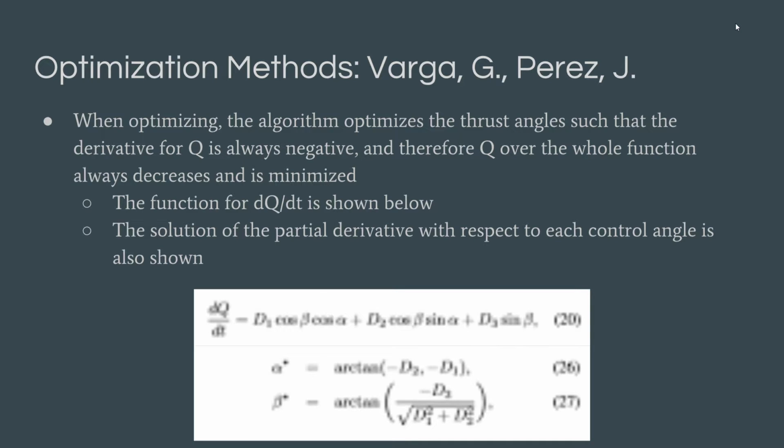When optimizing, the algorithm optimizes the thrust angles such that the derivative for Q is always negative, and therefore Q, the whole function, always decreases and is minimized. The derivative for Q is shown below, and the partial derivative with respect to each control angle is also shown below.